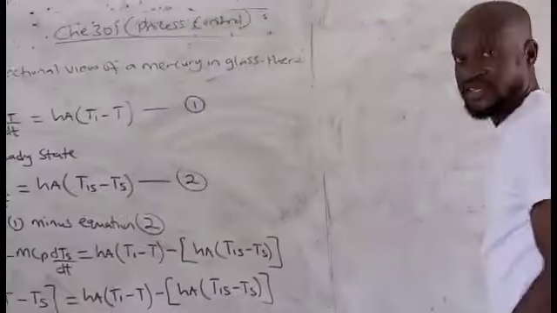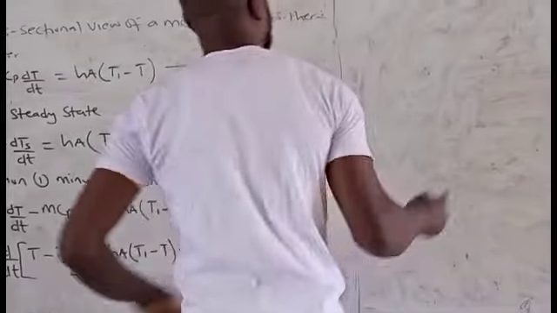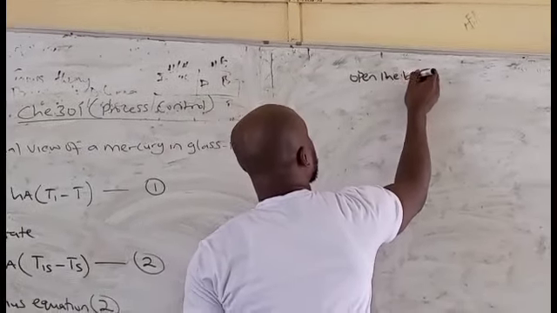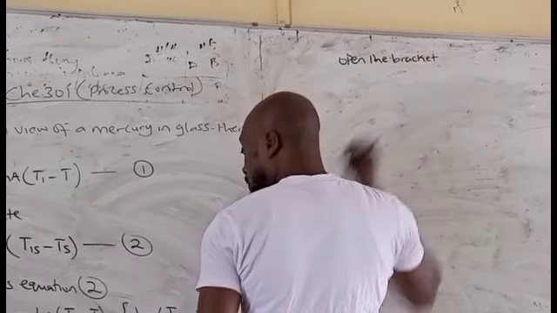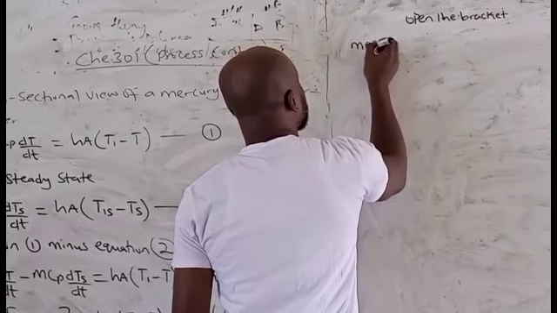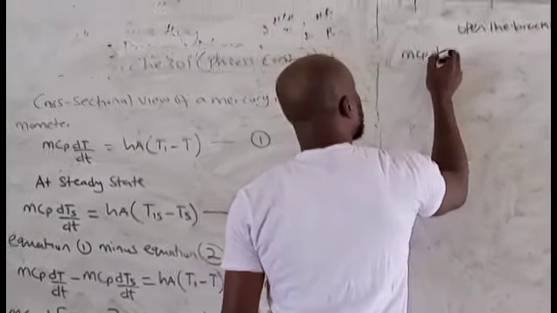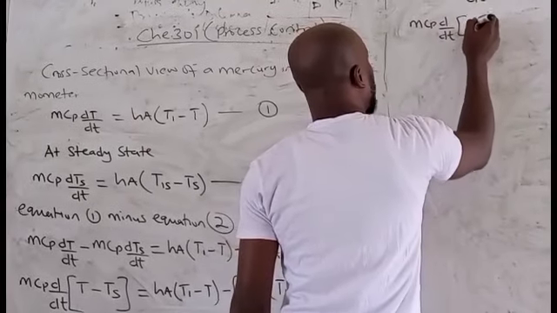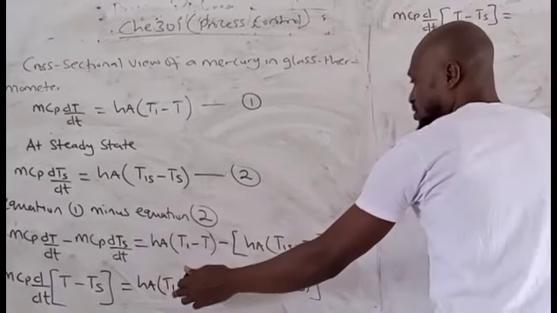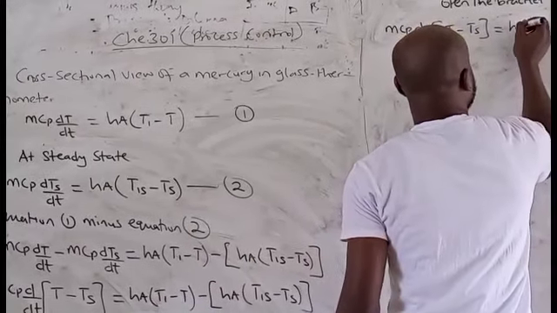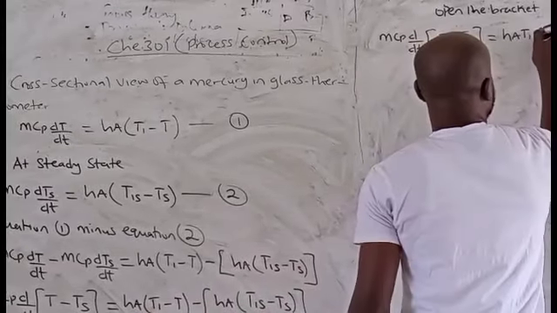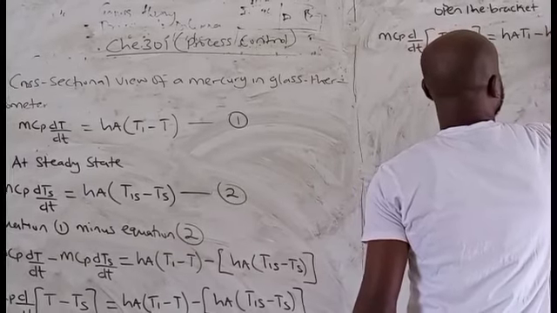I've gotten the equation like this now. So the next I'm going to do is open the bracket. From my left hand side, I have my MCP d over dt multiplied by (T minus Ts) equal to HA times T1 will give you HA T1. Then HA times T here will give you minus HAT.